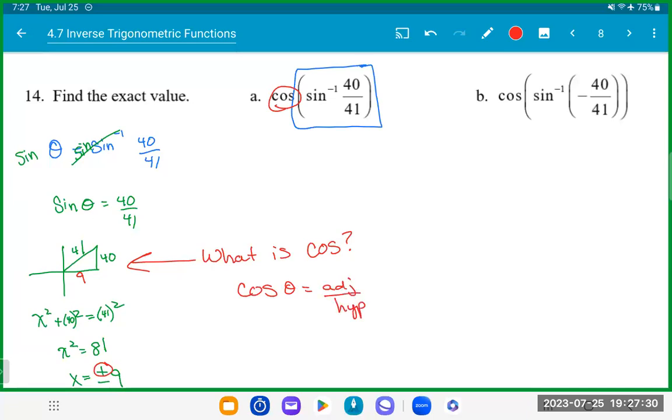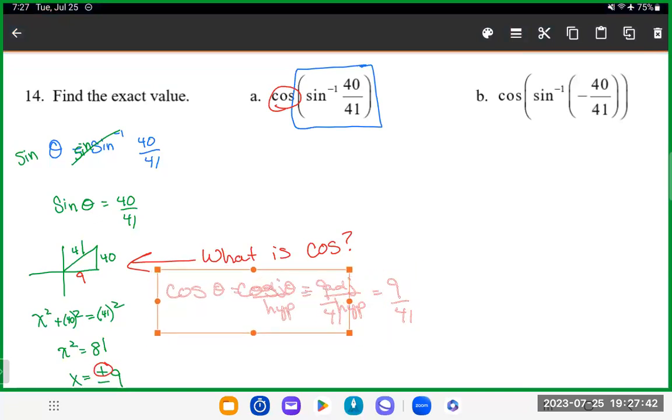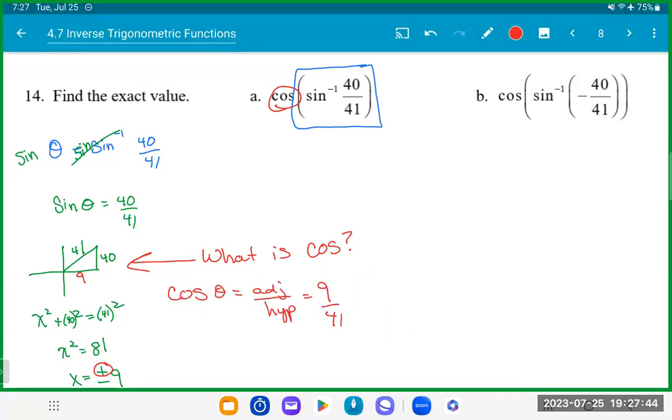So this is going to be 9 over 41. So when we're asked to determine the cosine of sine inverse of 40 over 41, then that solution is 9 over 41. What we do is sketch out the inner piece, and then once we have that graph depicted, we determine the outer piece.